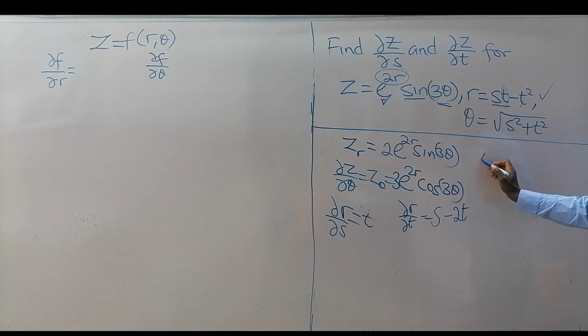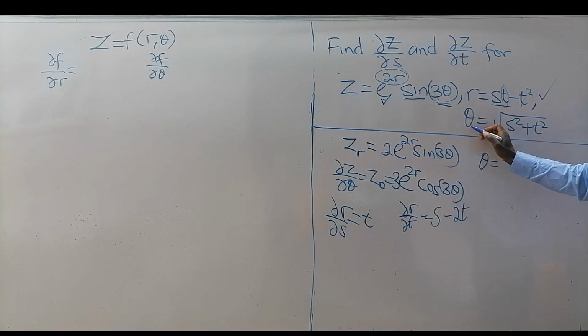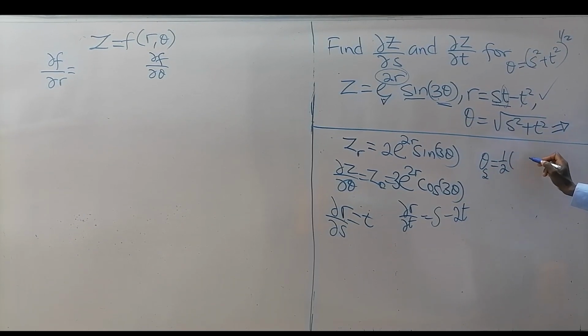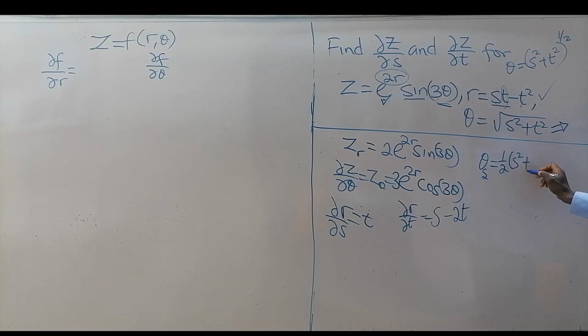So I'm through with the r function. I'm going to theta now. We can differentiate theta with respect to x, but before we do that, we need to do the algebra of this. Theta can be written as x squared plus t squared to the power half. The power will come to the front, then the expression x squared plus t squared, with the power minus 1, that's minus half.